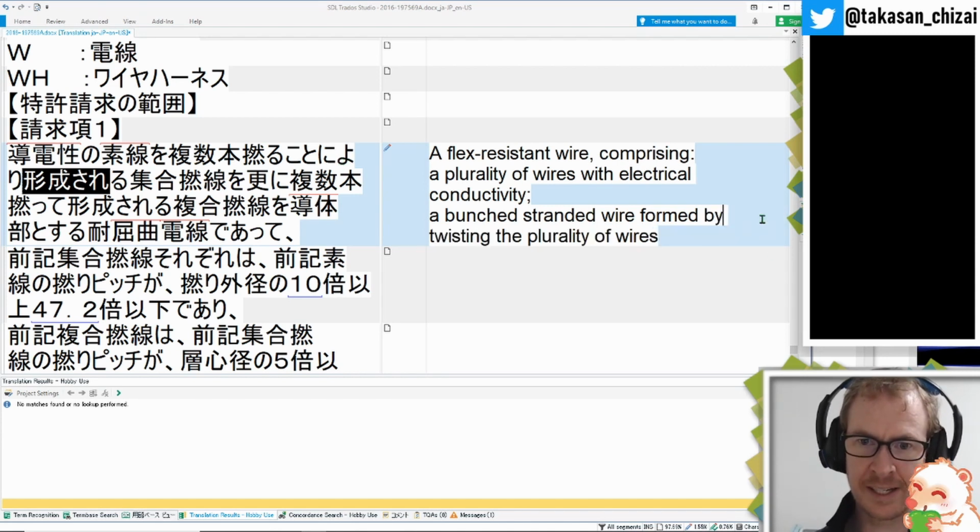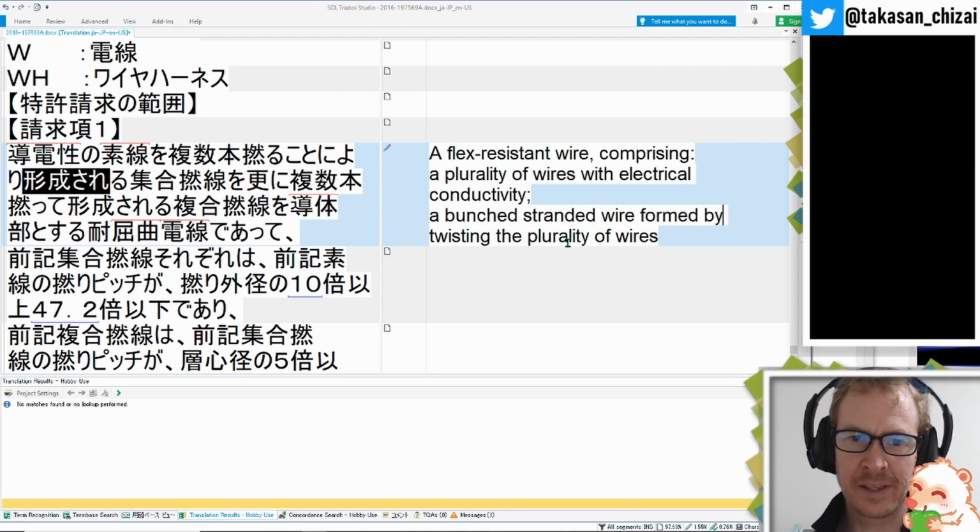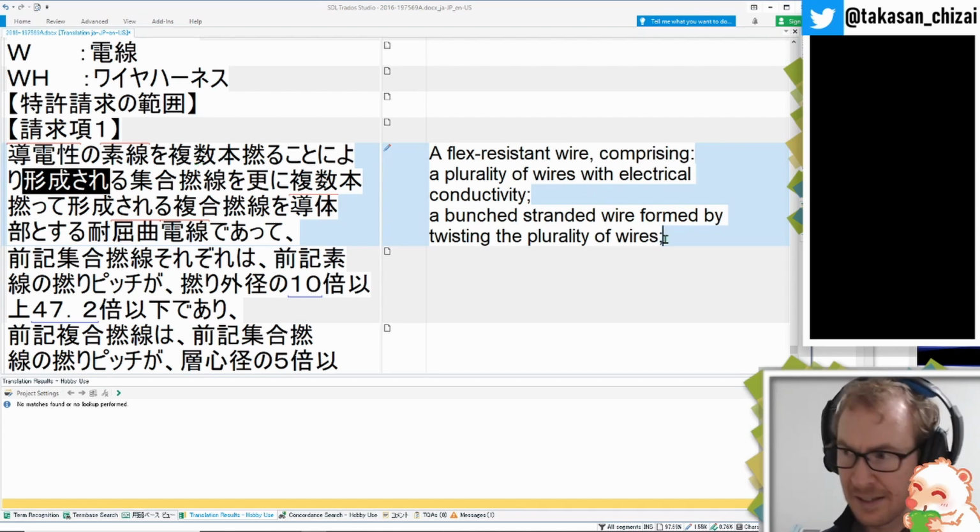I kind of want to go with formed by here because it's followed by the verb. If it was formed from, a noun would follow afterwards. Formed from the wire. But here we've got twisting, so it's formed by twisting the plurality of wires. Alright, it's looking good.